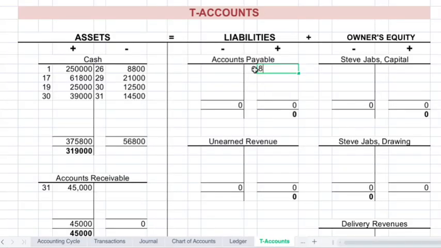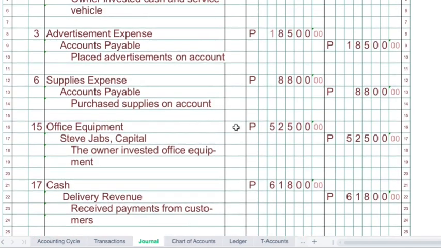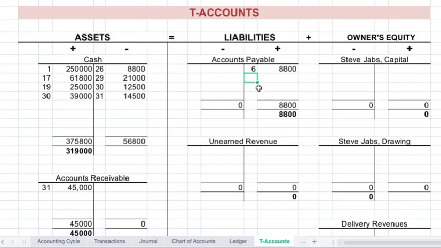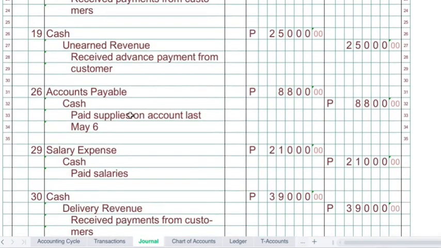So, May 6, we have 8,800. And then, we have May 3, 18,500. Okay, and then, May 26, 8,800.